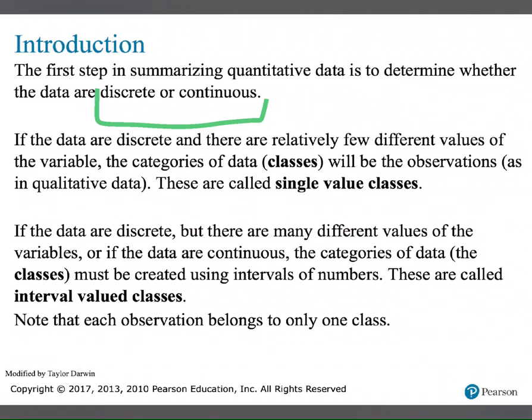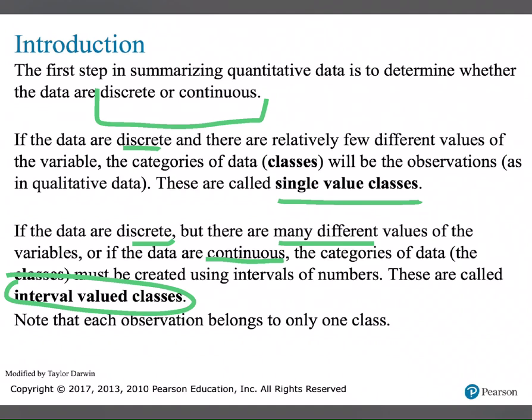So we'll kind of go into this a little more, but most of the time when it's discrete, you're going to have single value classes. And if it's continuous or if it's discrete, but there are lots of different values, then you do something called interval value classes, which basically groups the numbers. But again, we'll kind of talk about that as we go along.